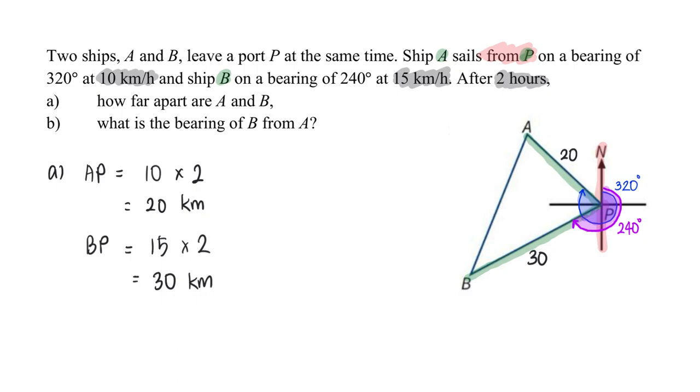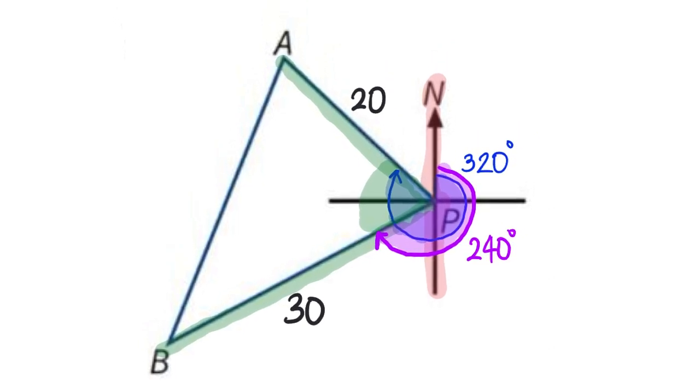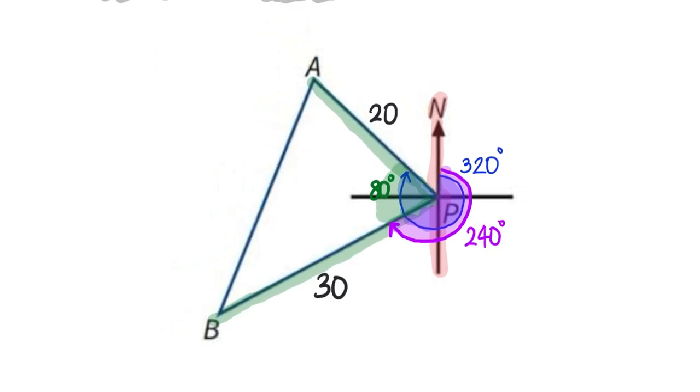The first thing that we should take note of is we could find angle APB fairly easily. If I zoom in, you should see that it is simply 320 degrees minus 240 degrees, so this is 80 degrees. I'm going to write the working down.